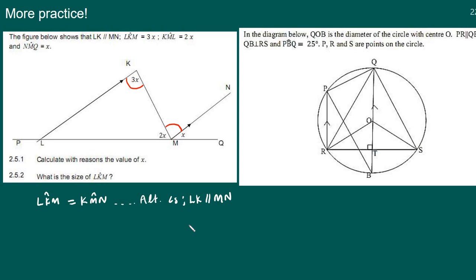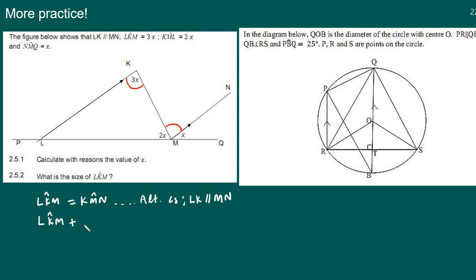I see that LKM plus 2x is equal to... It doesn't have the three letters, but it's 2x.